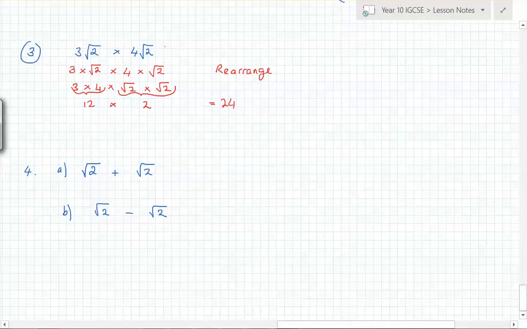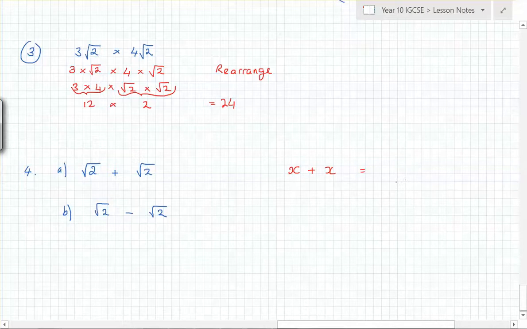I'll give you a clue. Think of it algebraically. What if I said simplify x plus x? What would you say? It'd be x, right?